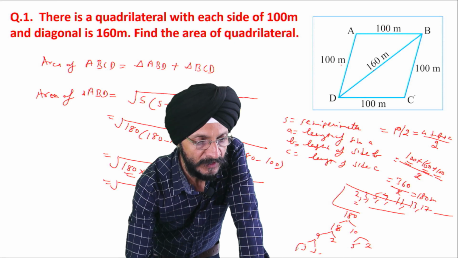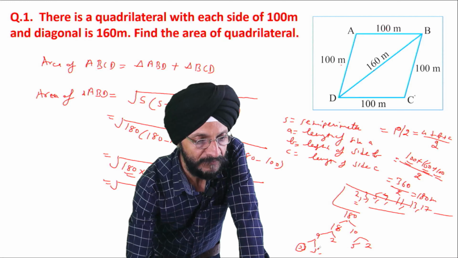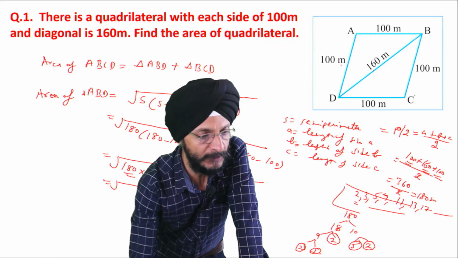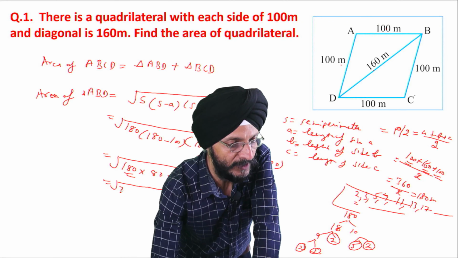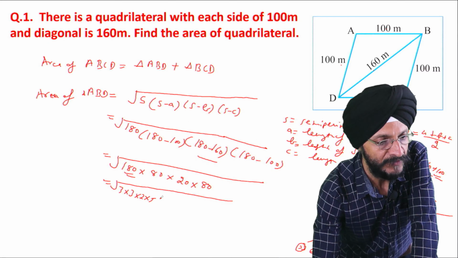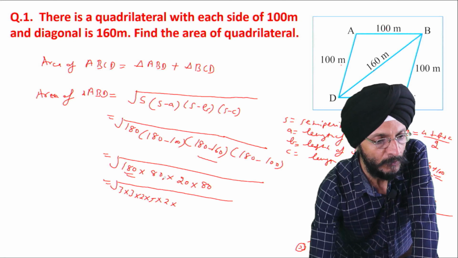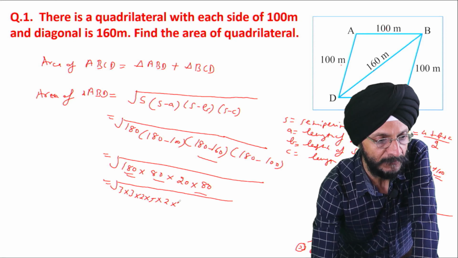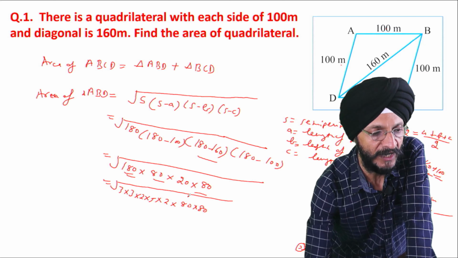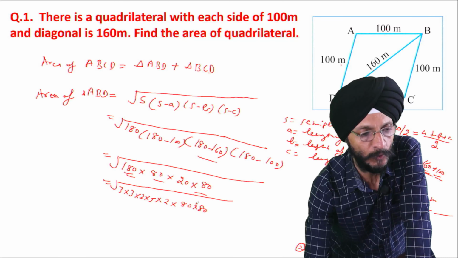So these are the prime factors: 3, 3, 2, 5 and 2. So here we will write 3 into 3 into 2 into 5 into 2. We take these as it is, because these will become squares and will come out of the under root.